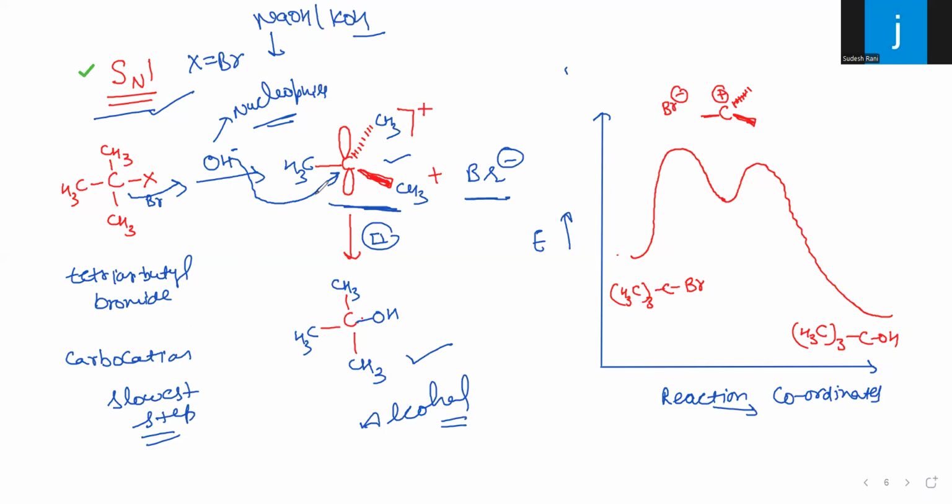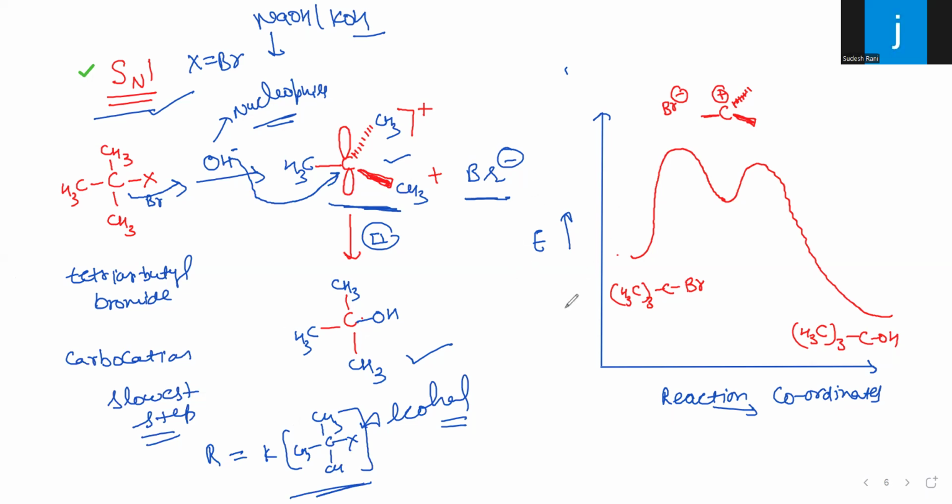So rate of reaction depends upon the step in which there is formation of carbocation. So rate of reaction depends upon the substrate, that is CH3, CH3, CH3, X. So the rate of reaction depends upon the substrate tertiary butyl bromide.